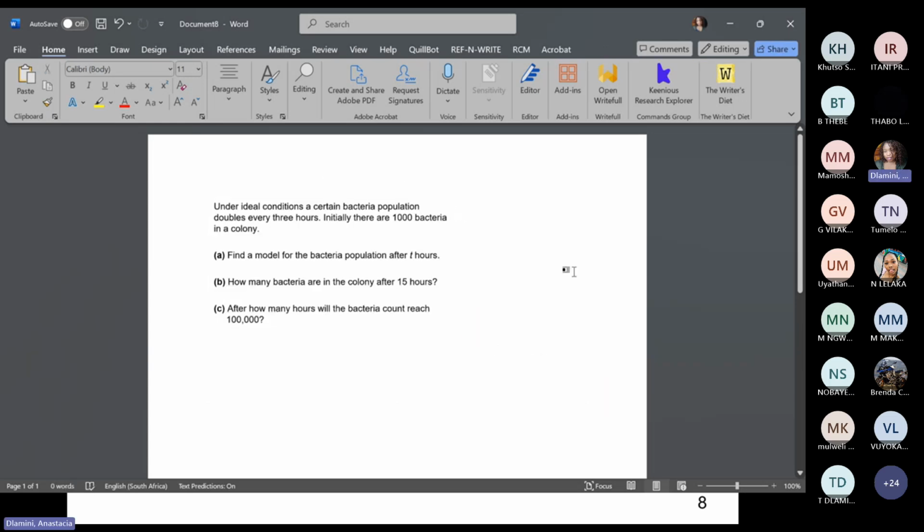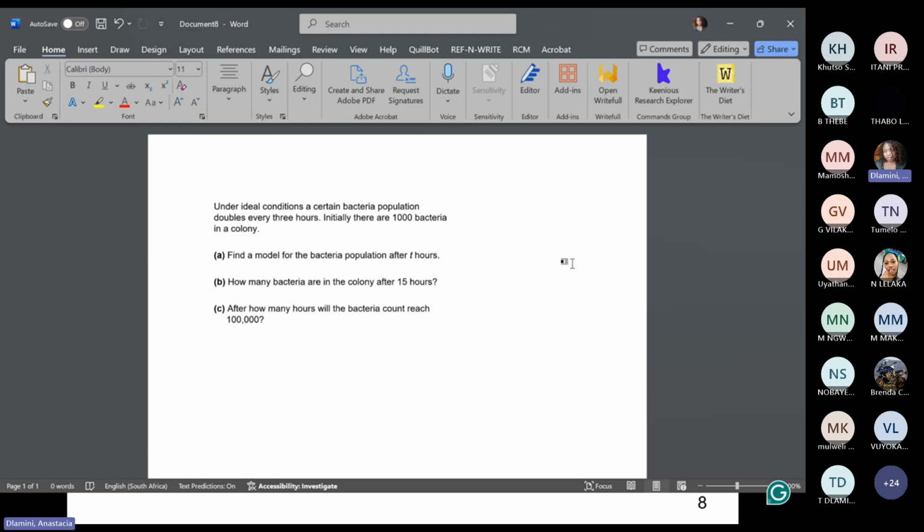Here we are. So they say under ideal conditions, a certain bacteria population doubles every 3 hours. Initially, there are 1,000 bacteria in the colony. Find a model for the bacteria population after t hours.